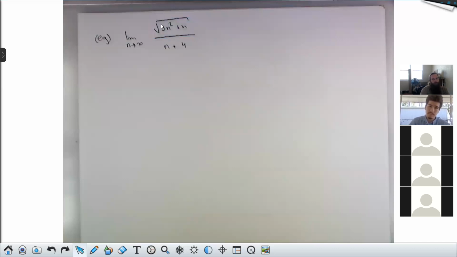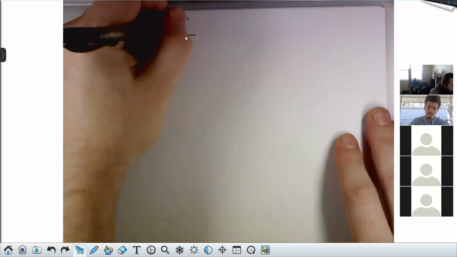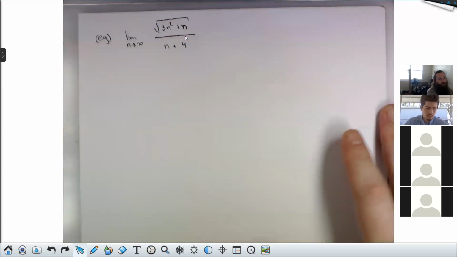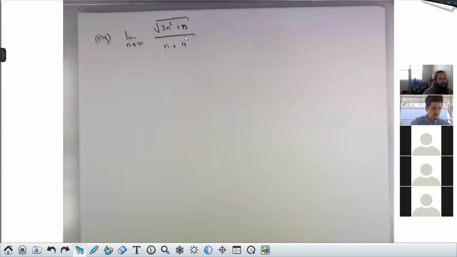That doesn't work, right? We saw that when we talked about integrals. Square roots don't distribute over addition or subtraction. So upstairs, I have the square root of 3n squared plus n, and downstairs I have n plus 4. There's no way to clean this up algebraically that's really nice.